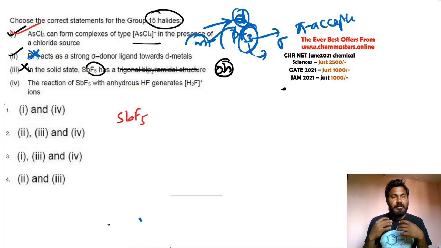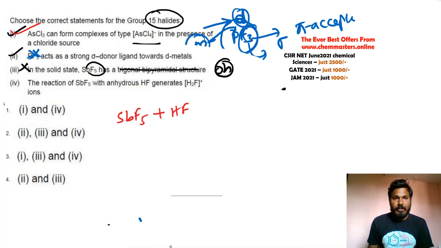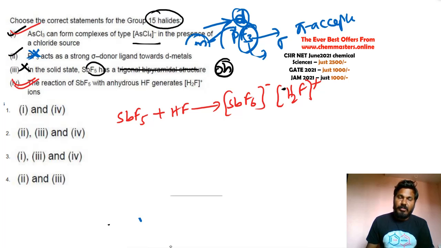If you see previous year papers, you will find most cases on antimony pentafluoride as a superacid, and how it gives complexes and so on. Antimony pentafluoride, whenever it reacts with HF, produces SbF6 minus and H2F plus. So that's why the fourth statement is the correct one.